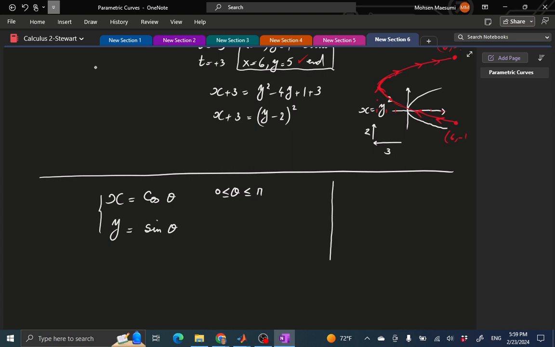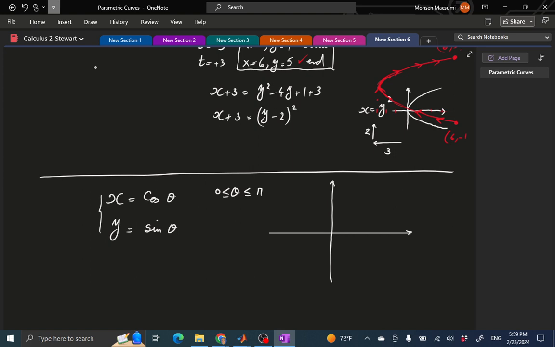Well, this is a very famous example. You see it in lots of different classes. For example, in physics, you see it mentioned as a simple harmonic motion, and in your calculus classes, it comes as a description of a portion of a circle.